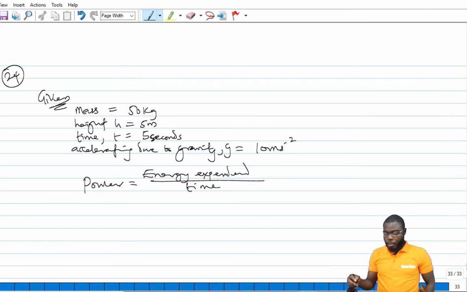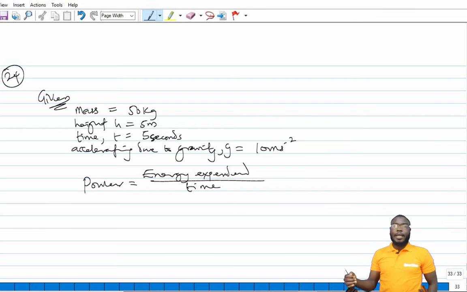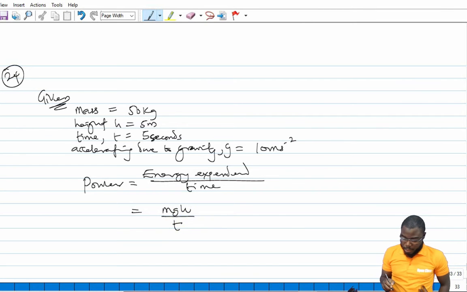Here the kind of energy expended is potential energy, which is energy due to height. So the potential energy is mgh, and power is mgh over time.